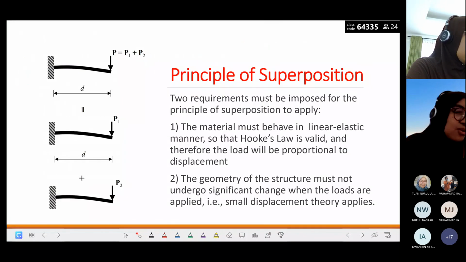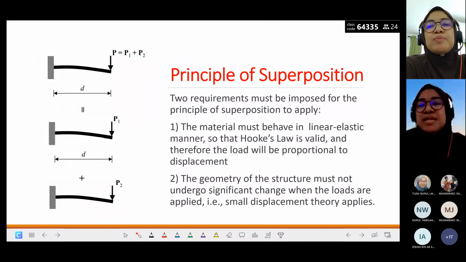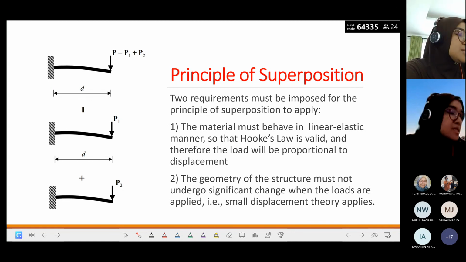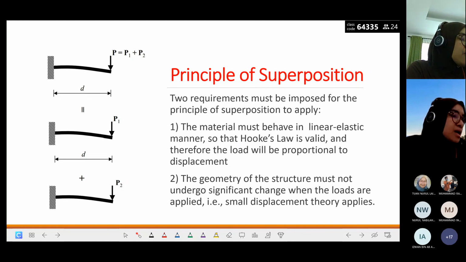This is the principle of superposition. This is just the concept. For example, we have the first diagram, P, and then we have P1 and P2.